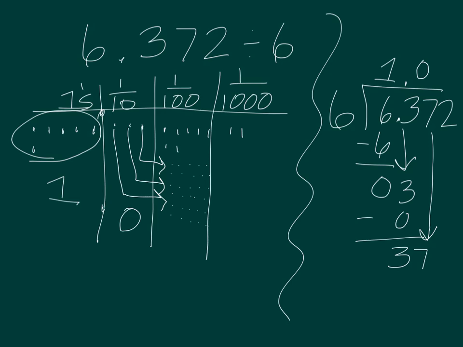Let's see. I have 1, 2, 3, 4, 5, 6. There's one. This is a group of 5 and 6. This is a group of 5 and 6. 1, 2, 3, 4.